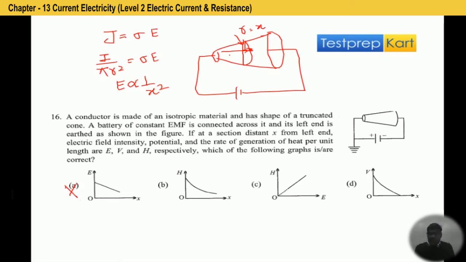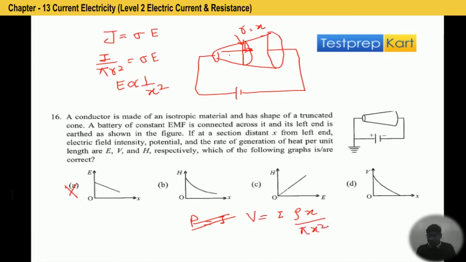Now next is power. Before power we can check the voltage. V equals I into R, and resistance R is rho into L, suppose we are moving this distance L, over pi X square.